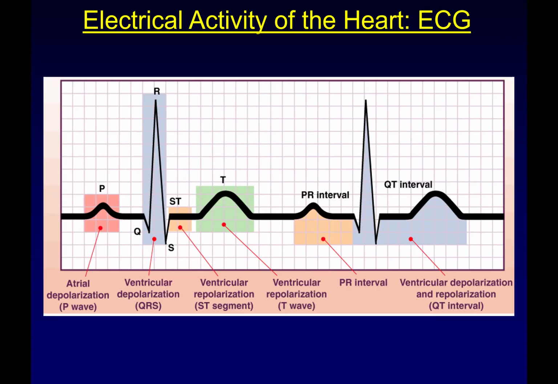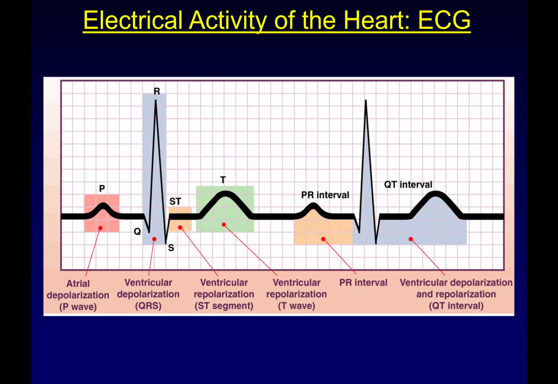Then we get QRS, which denotes ventricular depolarization. We've gone down the septum, down the bundle of His, through the Purkinje fibers, across the ventricles. The ventricles are depolarizing. They're now in systole. So atria fire, ventricles fire.